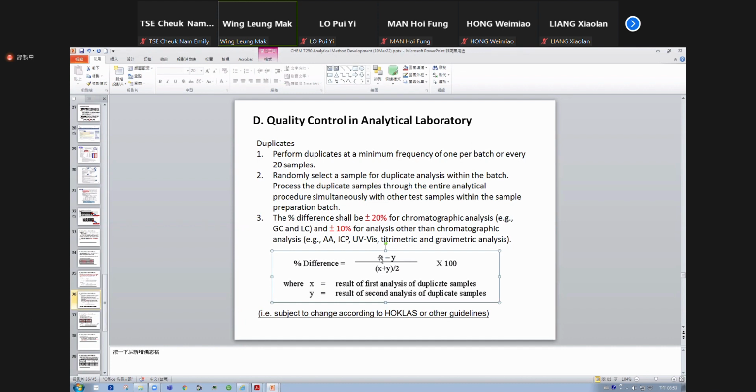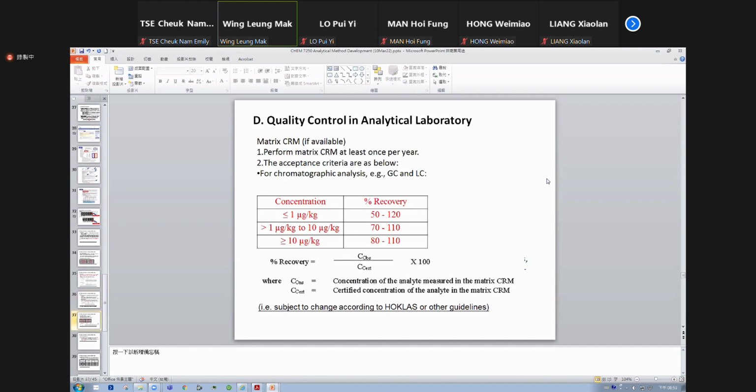The same sample, you have two results, the average of two results, and the difference of two results should be less than 10% or 20%. It will be an example for setting up the duplicate criteria. The CRM, you should reference the CRM criteria to set up the range or refer to this table. See which one is applicable.